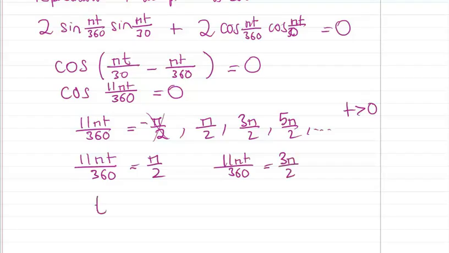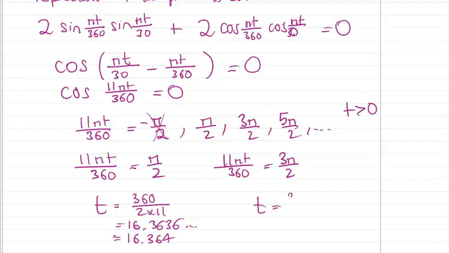So simplifying all that, t equals 360 divided by 2 times 11, and that one is 16.3636, or approximately 16.364, and this one, t equals 3 times 360 on 2 times 11, so this one is 49.091, and they're my two answers. They're in minutes.